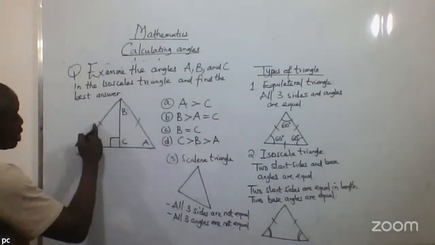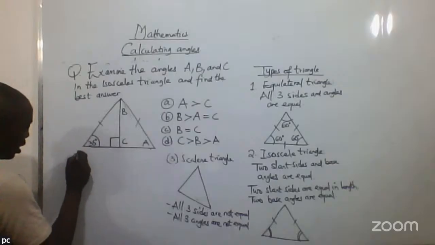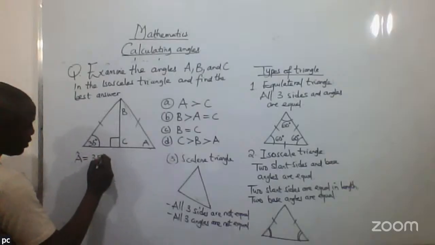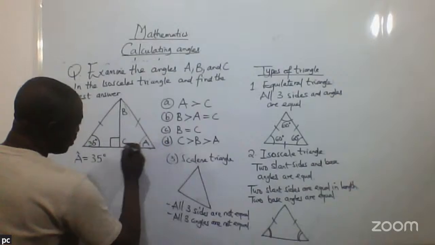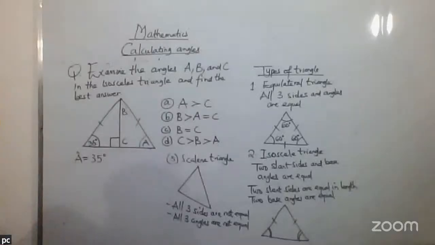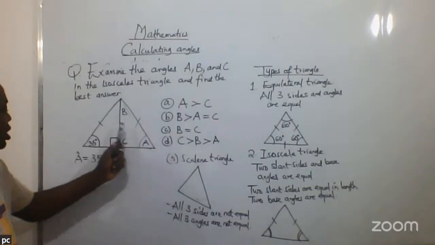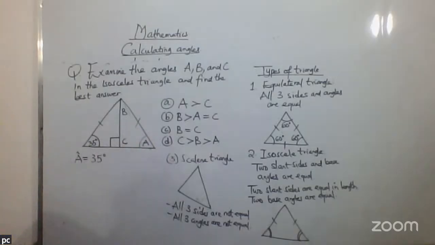This side and this side are equal. So angle A will be equal to 35 degrees. So that means this angle will be 35 degrees. This angle will be what? 35 degrees, because this is an isosceles triangle. That's for the first one.